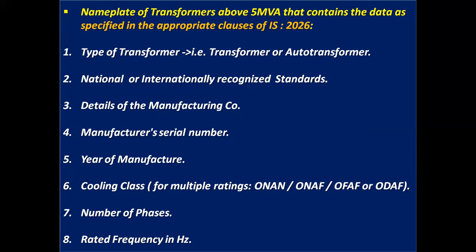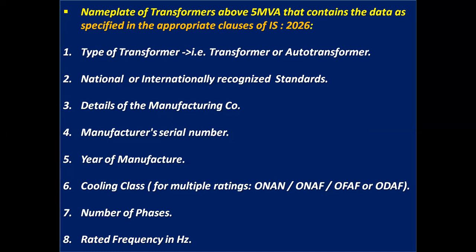Number 3, details of the manufacturing company. Number 4, manufacturer's serial number. Number 5, year of manufacture. Number 6, cooling class for multiple ratings, ONAN, or ONAF, OFAF, or ODAF.